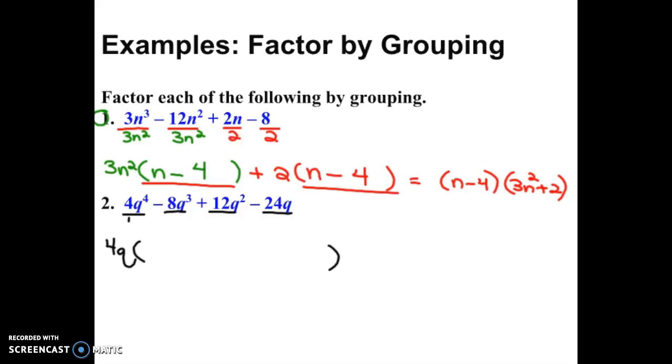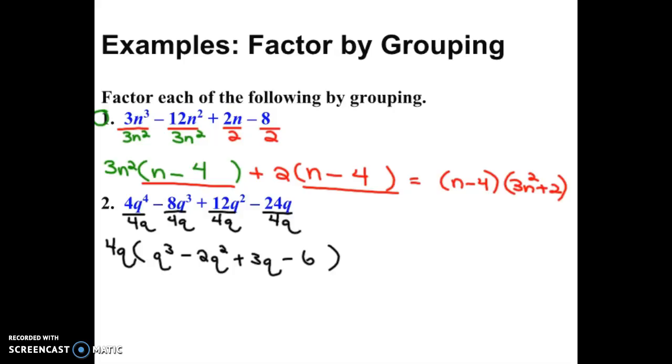So on this one, just like I did yesterday, I'm going to take out that greatest common factor by dividing, and I'm going to write what I have left. So when I take a 4q out of each term, what I end up getting back is q cubed minus 2q squared plus 3q and then minus 6.